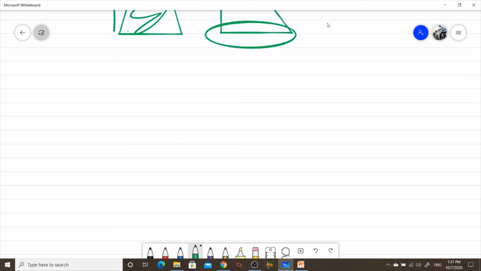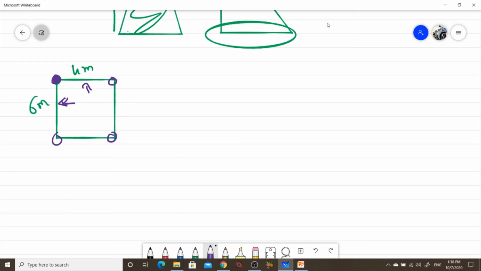First of all, we need the fixed end moments. Why? Here is the top view of the rectangular tank. This is 6 meter and here is 4 meter. These are all joints. In the walls we have moments, and all are connected and behave like a continuous member.